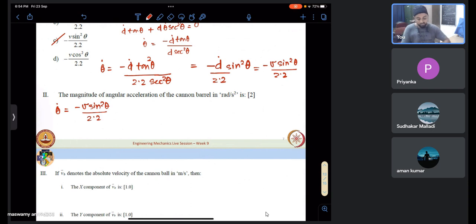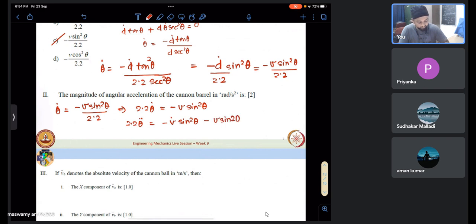Angular acceleration is asked, so similarly we have to do the same. Theta dot is minus v sin square theta upon 2.2, so theta double dot, we may as well have divided it by 2.2, is minus v dot sin square theta minus v sin 2 theta theta dot.